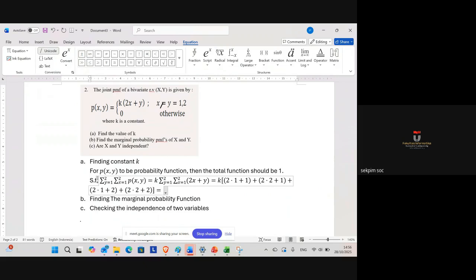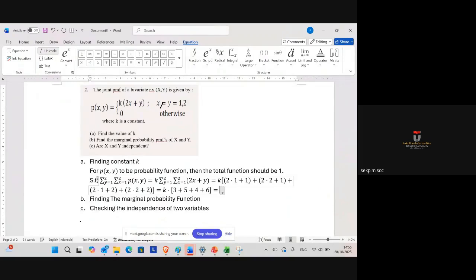So this equals k times, this is 2, 3, this is 3 plus 5, plus 4 plus 6, right?